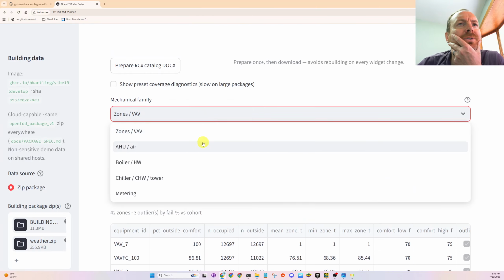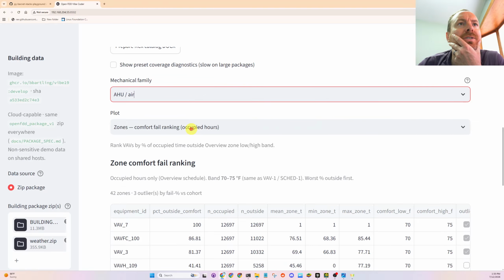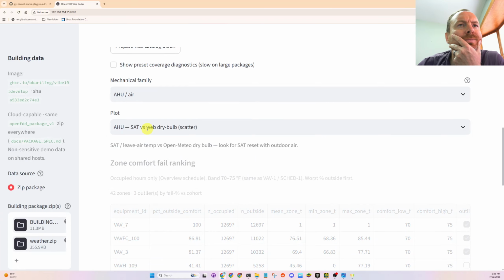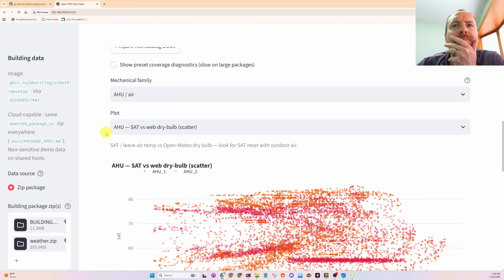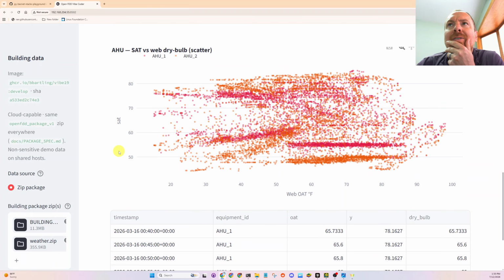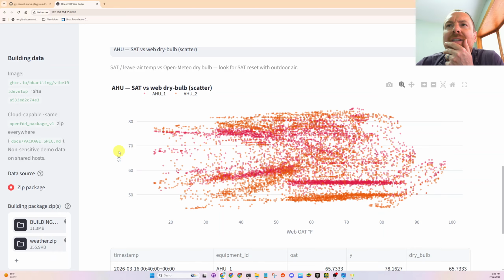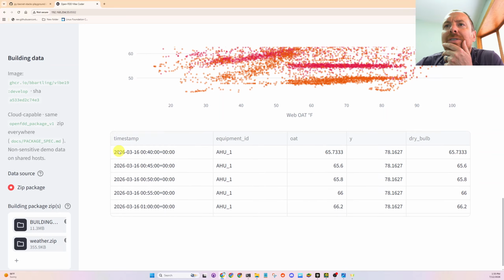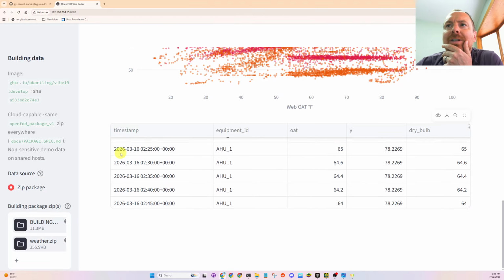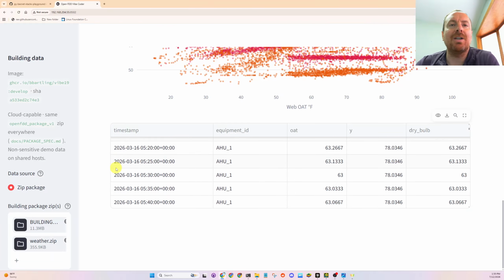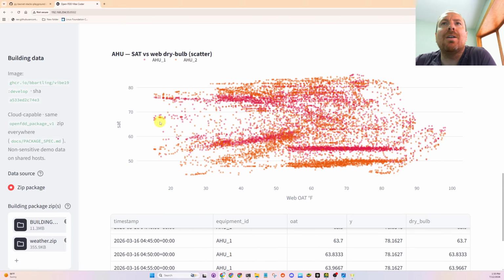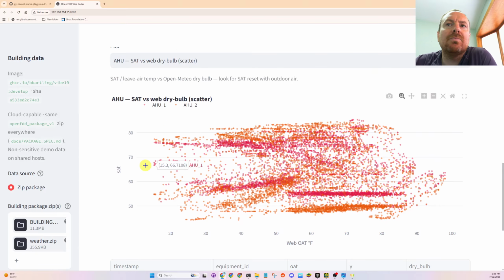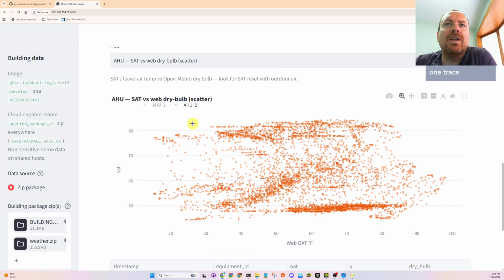So, okay, let's just go to chillers, boilers, I mean, air handling units. Oh wow, okay, so we need this filtered for when... this is an update I'll have to make to the app in Plotly. So, air handling unit 1.